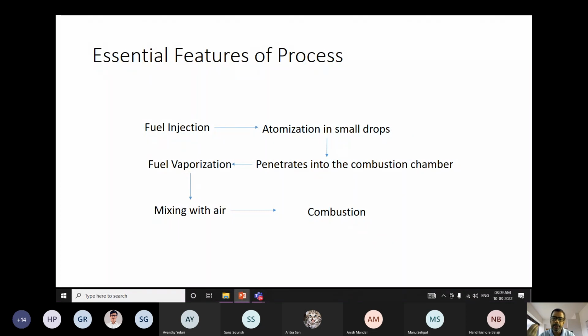If the momentum of the small droplets is too high and it can even hit the liner, then there is another problem, because the fuel droplets will interact with the lubricating oil present on the liner.